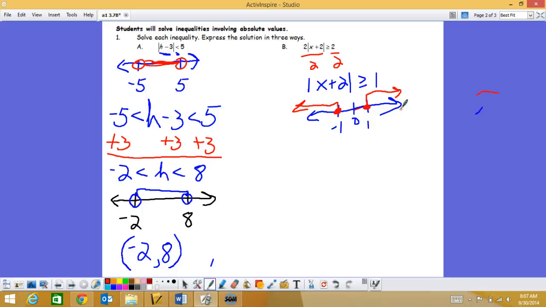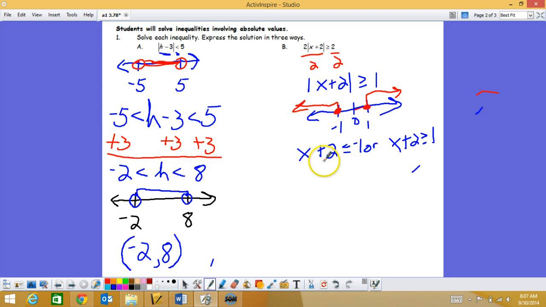To solve this, we're actually going to set up two inequalities. We're going to have x plus 2 is less than or equal to negative 1. That takes care of the left part of the graph. Or x plus 2 is greater than or equal to positive 1. And then we're going to solve each of these for x.